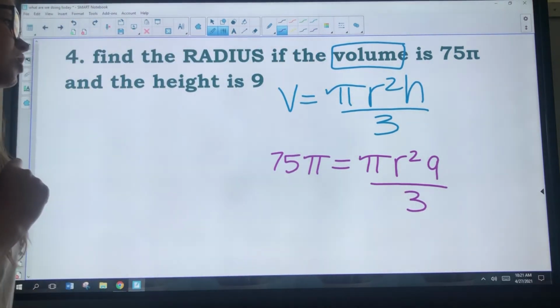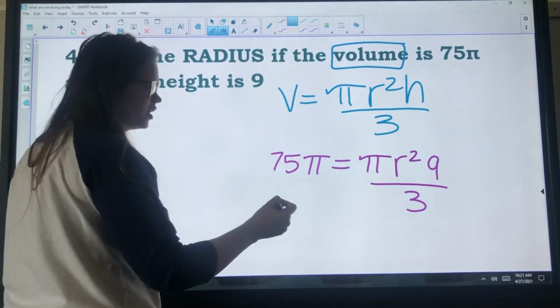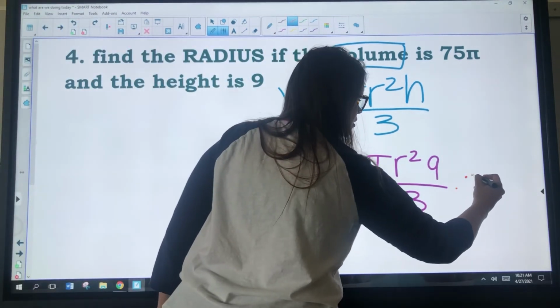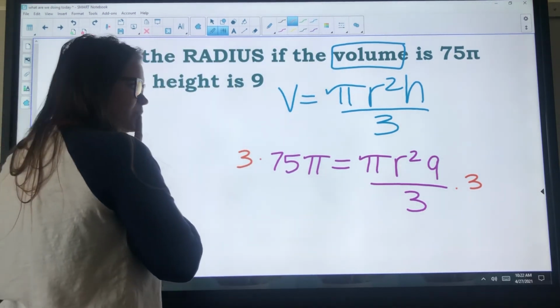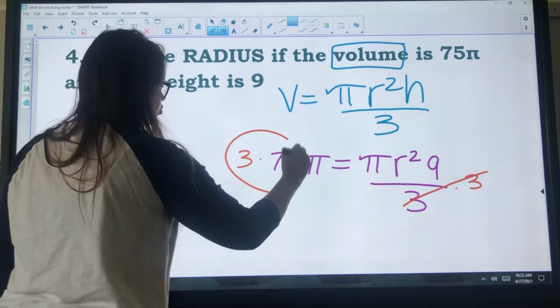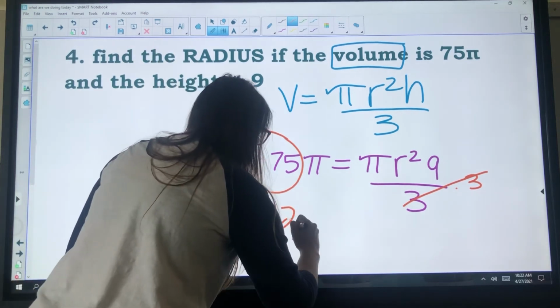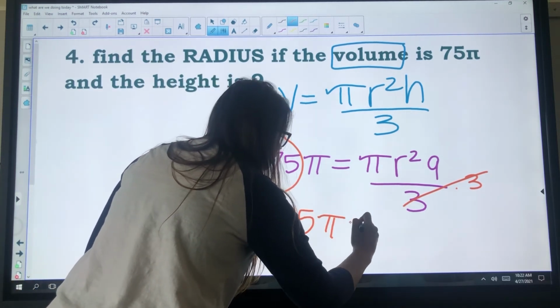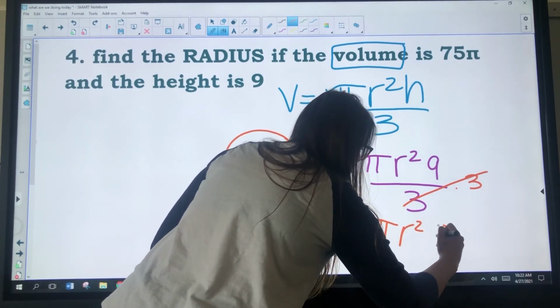There's a couple ways to solve this. I'm going to do it the same way that we did the other time, because if you find a way that always works, that's better for most math strugglers. Times both sides by 3. Cancel. 3 times 75. 225 pi equals pi r squared 9.